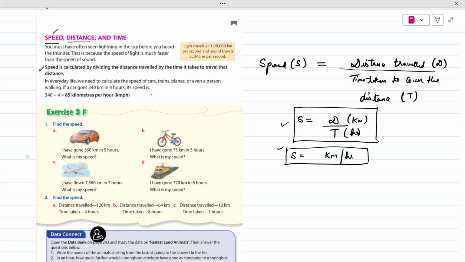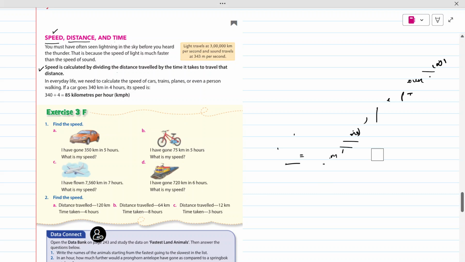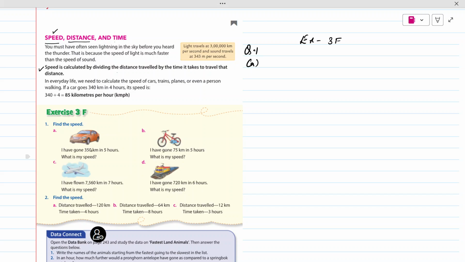So let's start with the questions given here. Before that, I am just erasing this part. This is exercise 3F. Question number 1, part A is this.